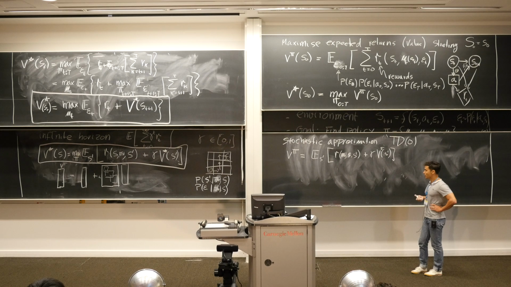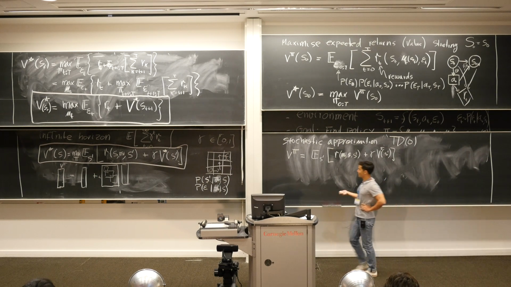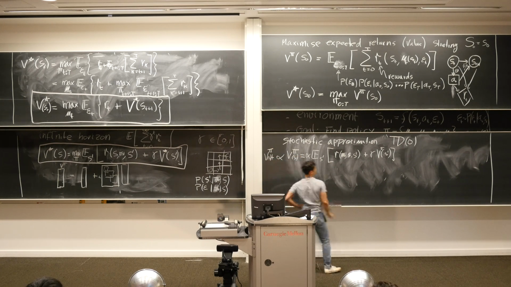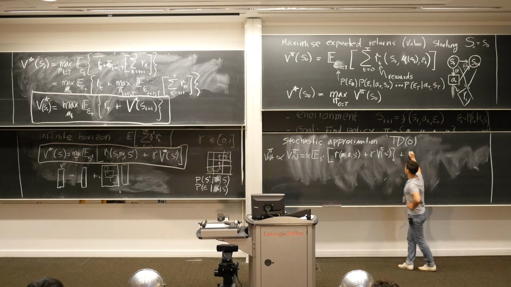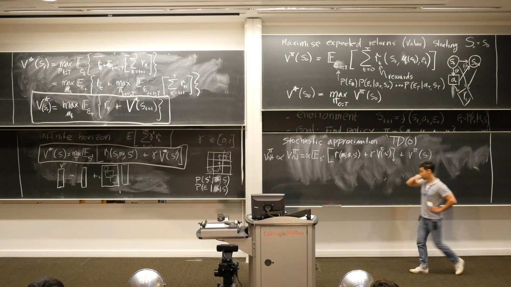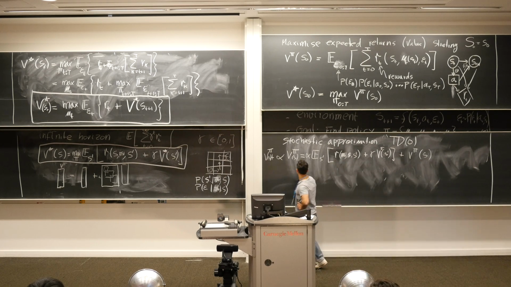Now, what I'm going to show you next is my personal recipe for how I derive algorithms in this setting. The way I go about this is I multiply both sides by alpha, and then I add V pi to both sides. Okay. Now I'm going to rewrite.